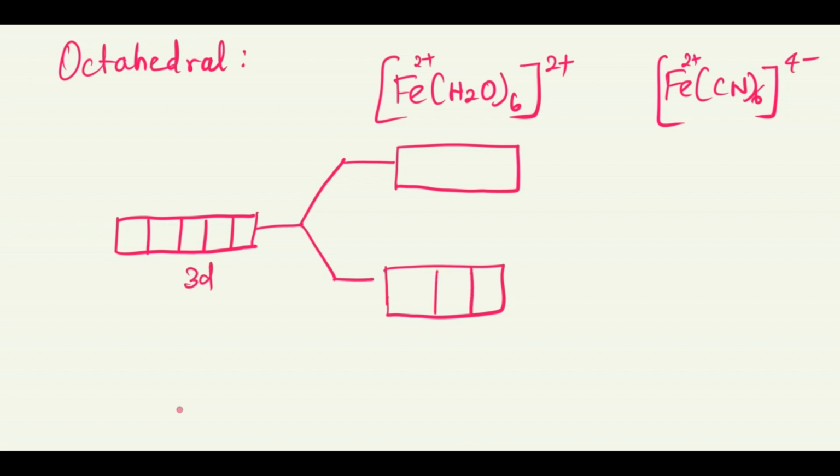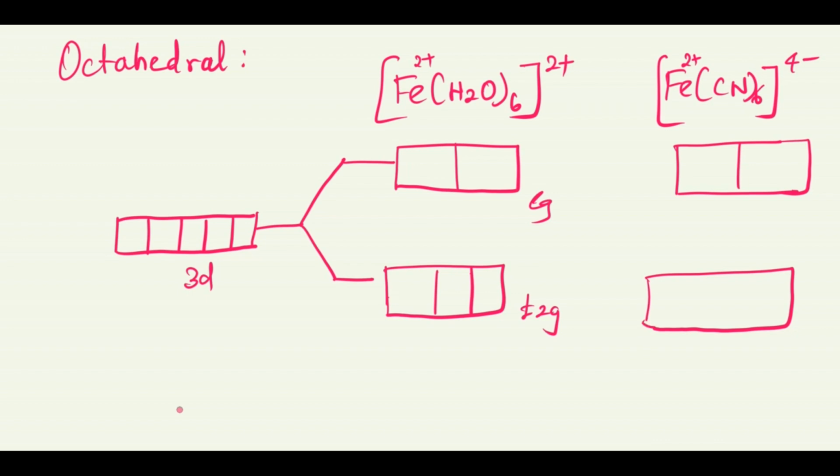It starts with 3d, Eg, T2g. And once again here, Eg and T2g. So tell me how many electrons will be there in Fe2+, 3d6?